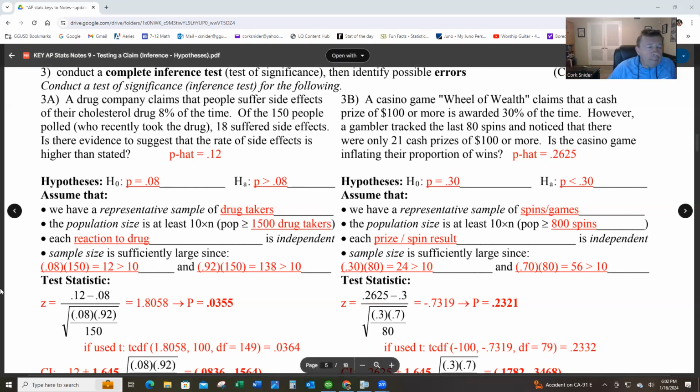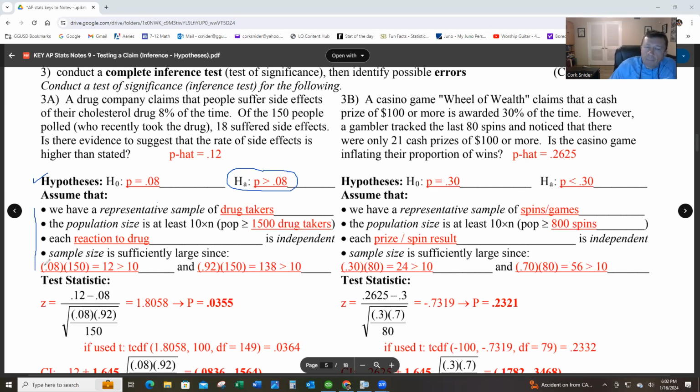So the four-step process of writing a hypothesis test goes like this. First thing is you got to write H0 and HA. H0 is the claim that the percentage is 8%. HA is what you're trying to prove. We believe it's more than 8%. Now, remember the assumptions we wrote for the confidence intervals?